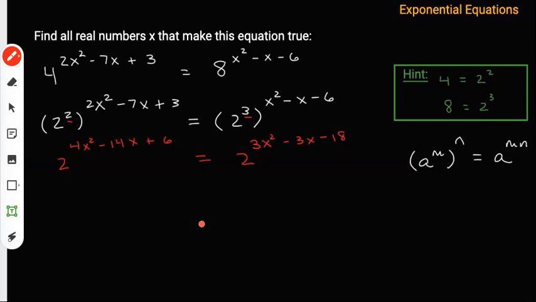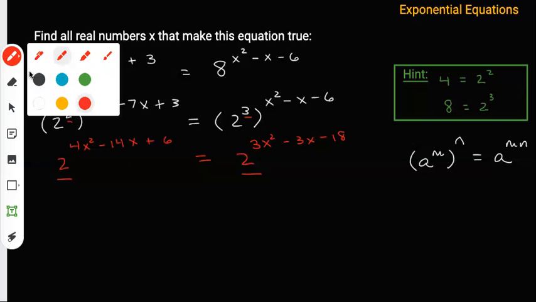Okay. So now I've got 2 raised to a power is equal to 2 raised to a power. Since the bases are the same right here, they're both 2, I can set the exponents equal to each other.